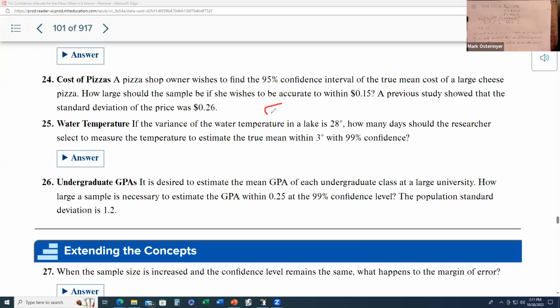Remember, standard deviation is equal to the square root of the variance. So you have to take the square root of 28 degrees first to get the standard deviation, and then you go from there. All righty, go ahead. We'll call it the last class work, number 25.